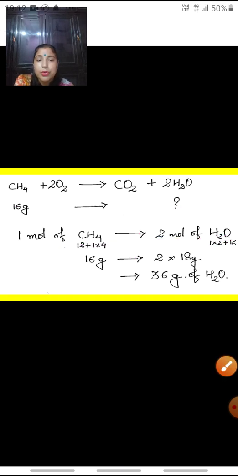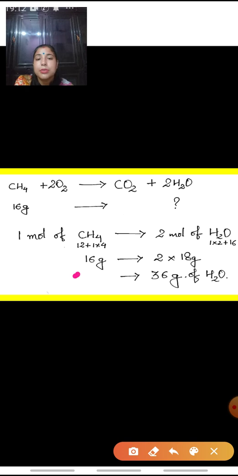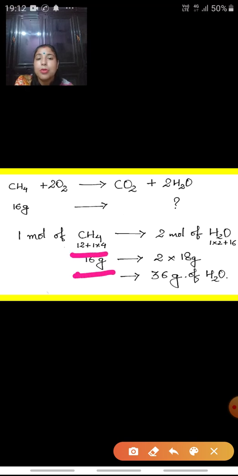Now, in the question, you have been asked about grams, not about the moles. So we'll convert this mole into grams. So 1 mole of methane will be equal to how much grams? It will be 16 gram: 12, the atomic mass for carbon, plus 1 into 4, the atomic mass for hydrogen. So we can say 16 gram of methane produces how much gram of water?